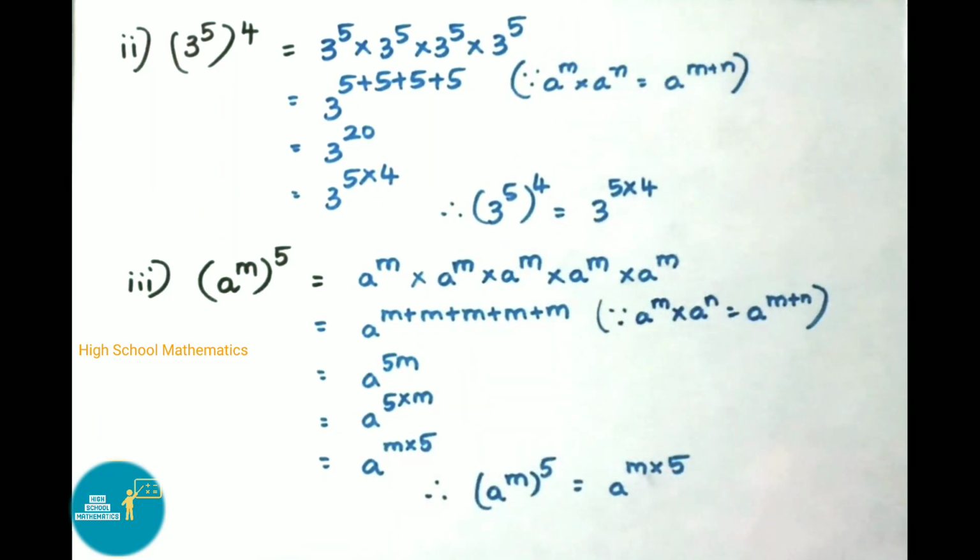That equals to 5m can be written as 5 into m. So we have written a power 5 into m. We know by properties of integers, a into b can be written as b into a. So we have written 5 into m as m into 5. So that equals to a power m into 5. Therefore, a power m whole to the power of 5 is equal to a power m into 5.